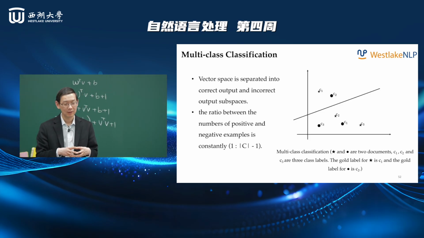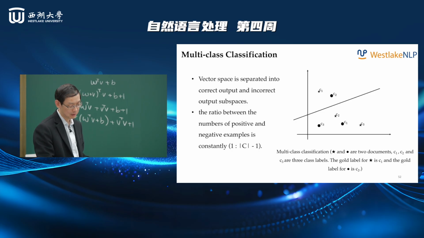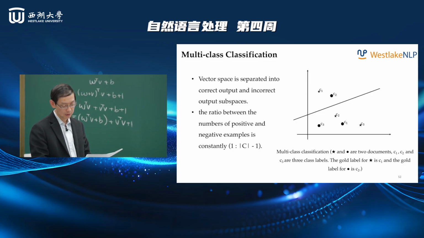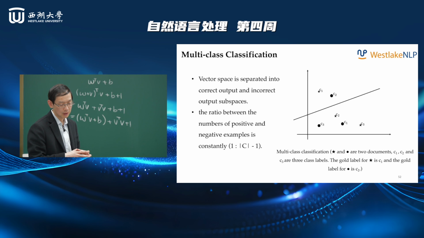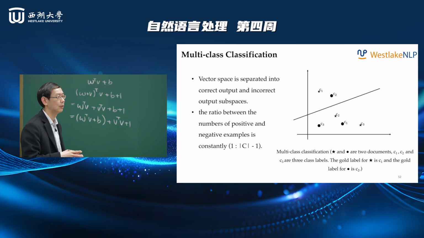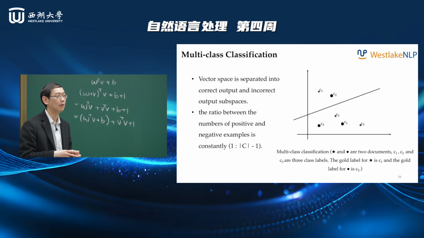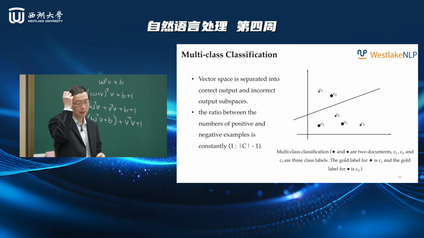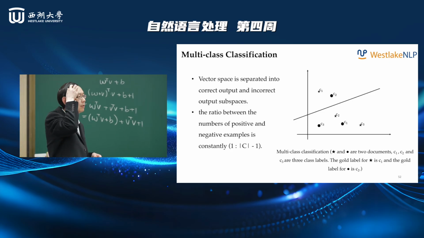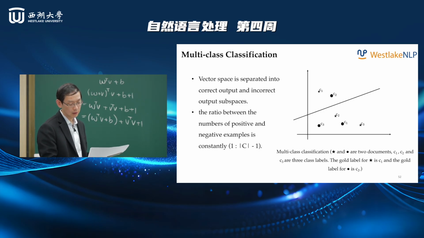Let me show you this picture. Suppose you have 2 inputs. One is the star, one is the circle. And imagine that there are 3 classes, C1, C2, and C3. Let's suppose that in your training data, the star is labeled C1 and the circle is labeled C2.